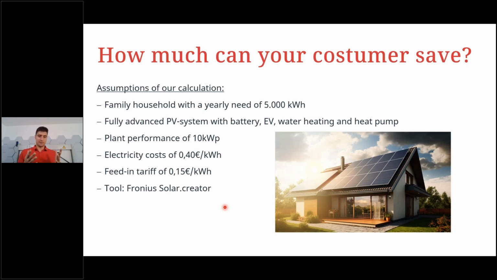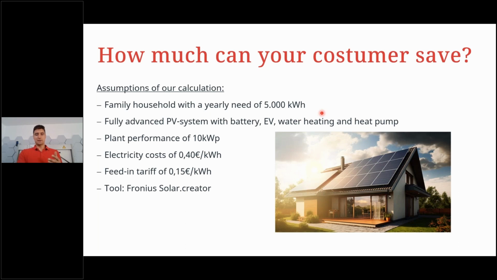And I used this Solar Creator tool to run a calculation. How much money can people save? And I took the example from before. So again, imagine a family household with a yearly need of around 5,000 kilowatt hours. This family household is equipped with all the devices I've just mentioned. There's a battery, an electrical vehicle to charge.